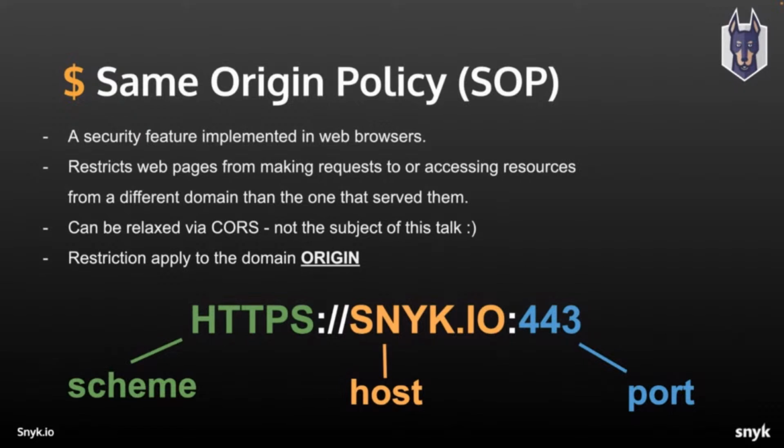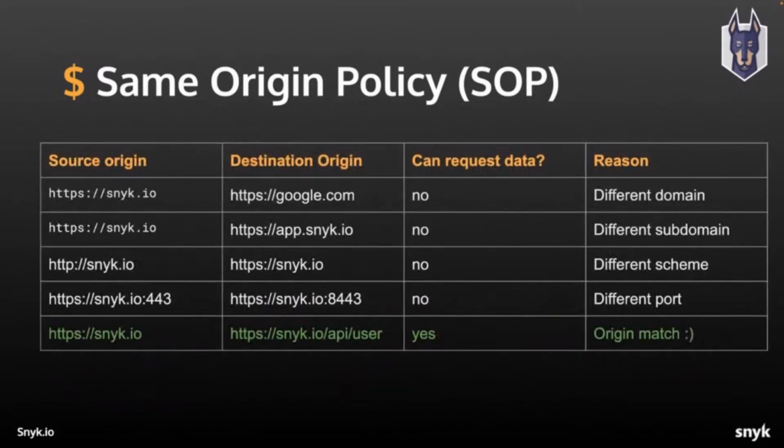So let's have a look at a couple of different origins trying to speak to each other, and what the results might look like. If we have Snyk.io and we try to access google.com, this will not be able to read the data on google.com because it's a different domain, and this will cause the origin to be different. Similarly, if we have Snyk.io trying to access app.snyk.io, even though this is the same domain, the subdomain is different.